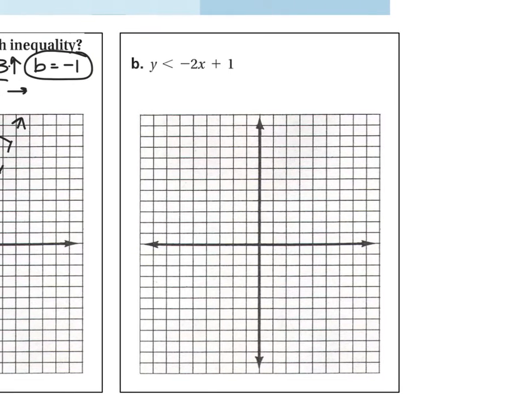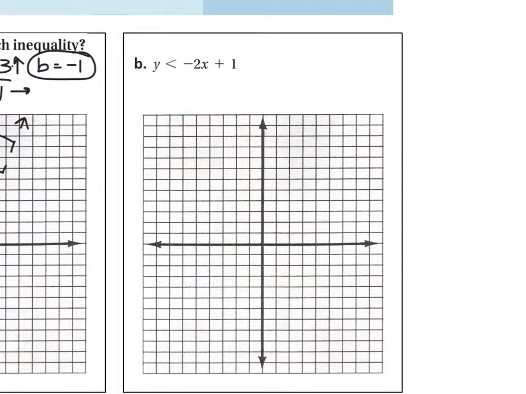On the second one, we are going to make one change, so make sure you make this change in your notes. I want to go ahead and put a line underneath this. Okay, so in this one, my slope is -2 or -2/1. My y-intercept is +1, which means in this case, my first dot is going to be up 1 unit.